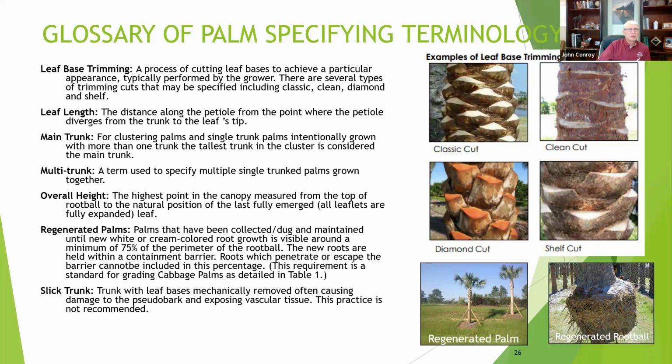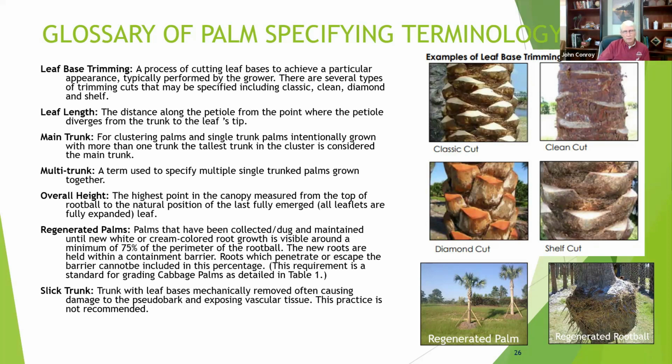It also appears here in our glossary for specs. And overall height should in some way be relative to the clear trunk. Your overall height and your clear trunk height should have a relationship. And if your overall height is disproportionately greater than the clear trunk height, you probably have a case of extreme succulence or some sort of genetic variation that's out of the norm for that species.